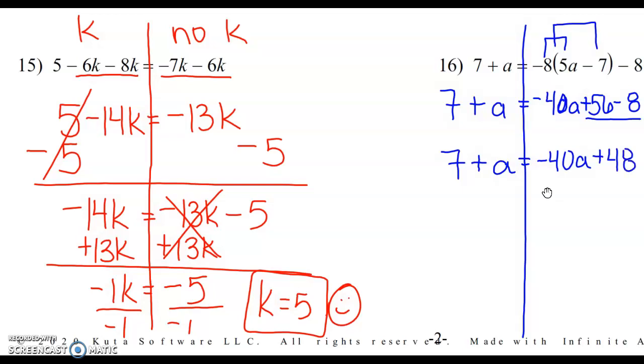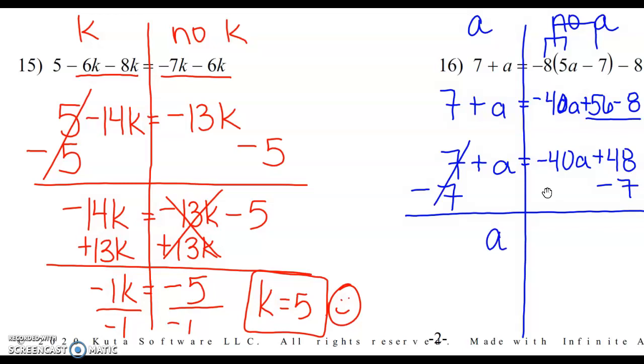So then I see I have a's on both sides. So I'm going to get my a's on the left, my no a on the right. So 7 does not belong on the a side because it doesn't have an a. So I would subtract 7 on both sides. So I get a equals negative 40a. I subtract the 7 from 48 because neither one of them have a's. They're both constants. That's 41. Then I look at my no a side and I see I have a's over there.